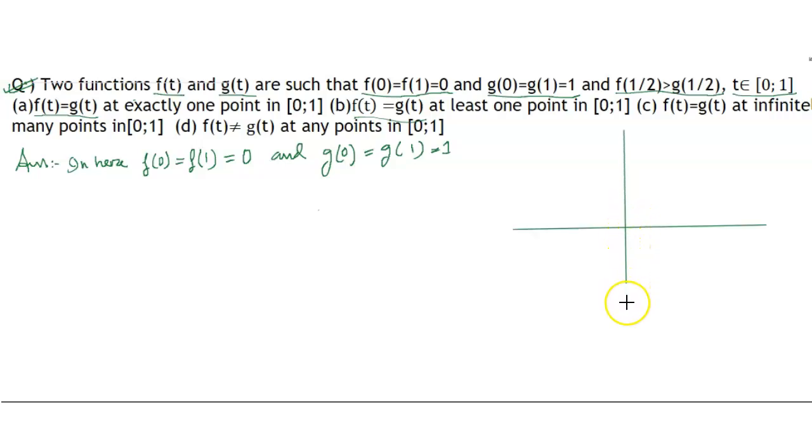This is the y axis. This angle is 90 degrees, this is the x-axis, this is x dash, this is y, and this is y dash. Whatever you see, this point is the origin 0, and this point is 1.